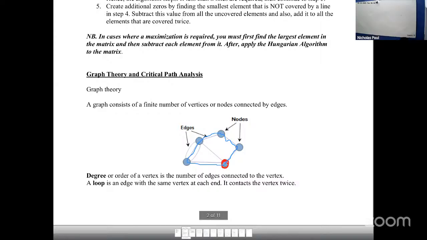Nah, that's not a loop. So here's what a loop is, right? Let's look at the definition again. A loop is an edge with the same vertex on each end. Same vertex on each end. Try one more time. One more time. That's what I come up with. Same vertex on each end. So draw a loop on that same node I asked about.